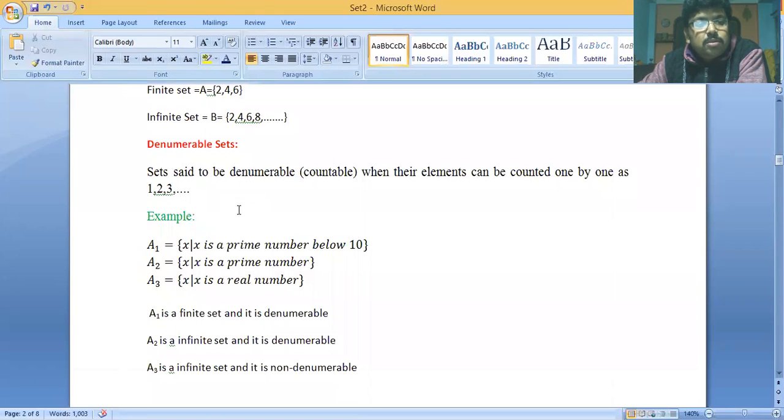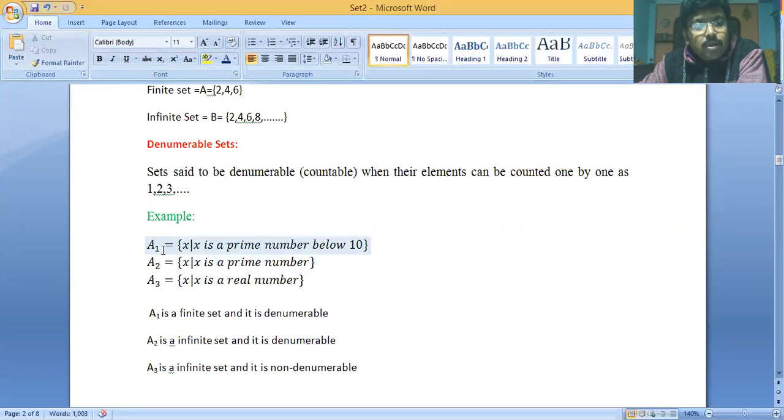Now, the denumerable set. Sets are said to be denumerable, or countable, when their elements can be counted one by one as 1, 2, 3. So this is the countable set.